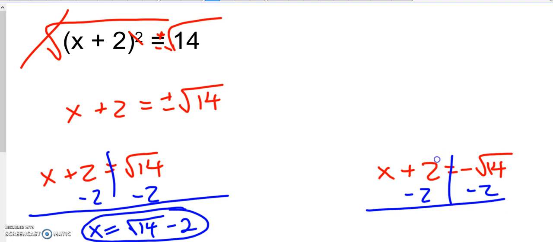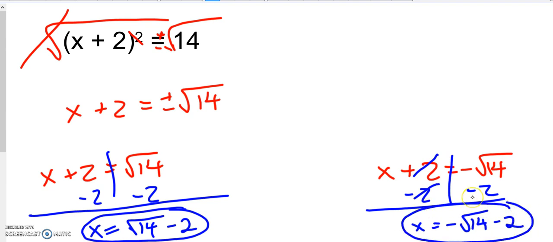You'll find out in geometry and some other classes why it's more beneficial to write them like this, and it actually makes it easier. We don't have to do anything further. It looks like a weird answer, but we can leave them just like that. So again, two spots that would not be fun to graph, trying to figure out where those cross the x-axis. But there we go. That is 9-7.